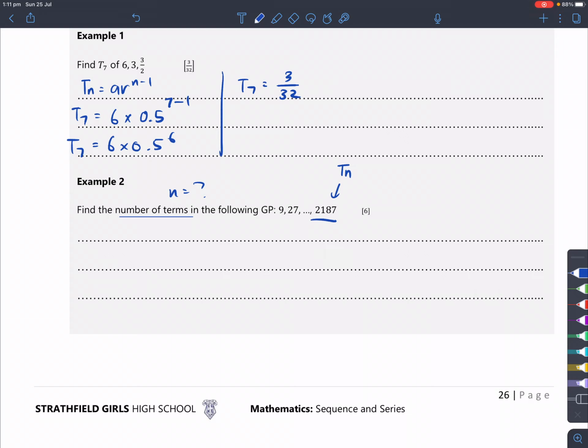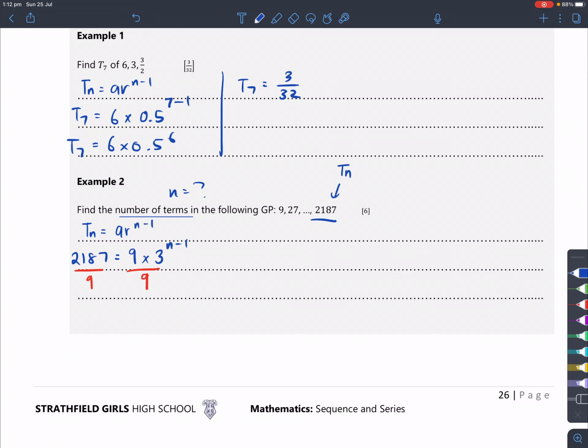So n would represent the term number. So Tn equals ar to the power of n minus 1. We replace Tn by 2187, and we write this equal to a, which is 9, times the ratio, which is in this case 3, to the power of n minus 1. So what I can do here is divide both sides by the number 9.